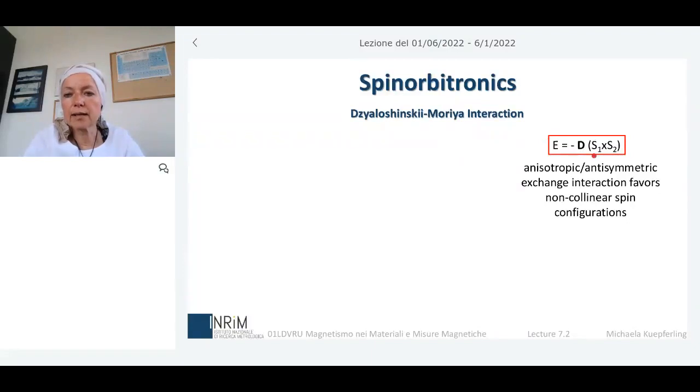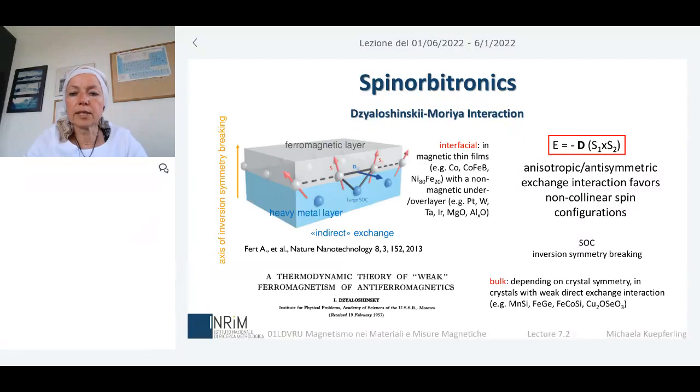This is a perpendicular exchange, let's say, that wants to align your spins perpendicular. And I think with this, we can just stop here because it's really late and I took more than 1 hour to tell you these things about spintronics.